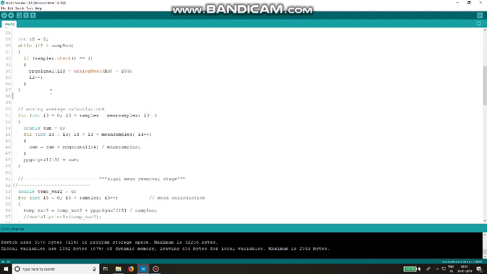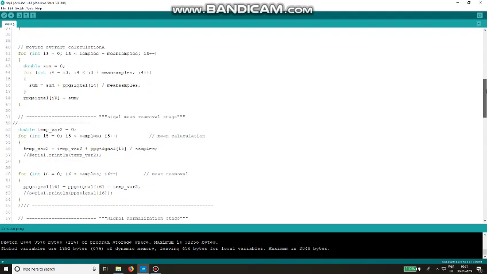And then moving on, the moving average calculation. Here it is samples minus mean samples, and i3 is a variable. When the mean samples window size is 10, 10 elements are selected, their mean is calculated and placed in the next array. You can also store it in the same array.